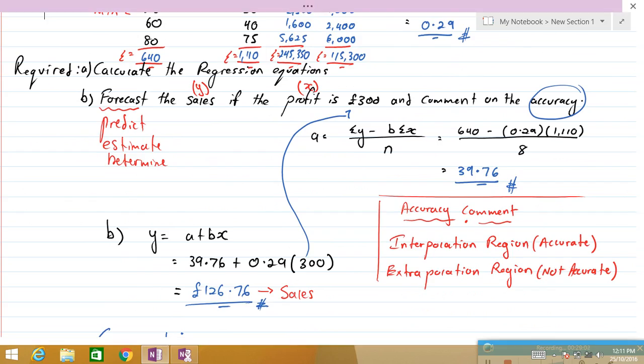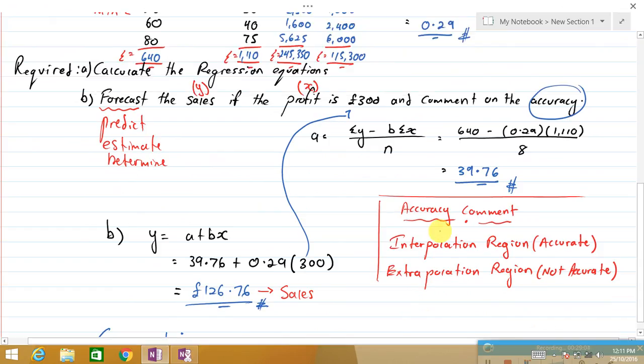So anything within the minimum and maximum comes under what? Interpolation region. Anything out of the minimum and maximum comes under what? Extrapolation region.